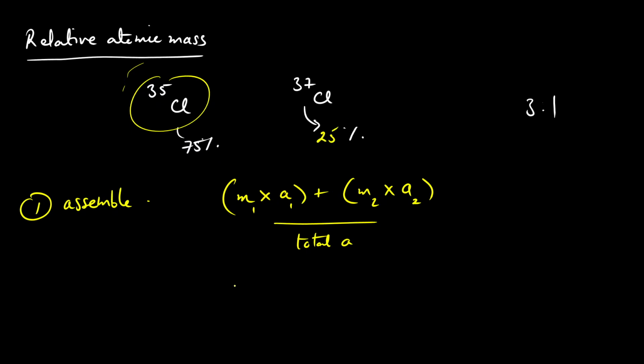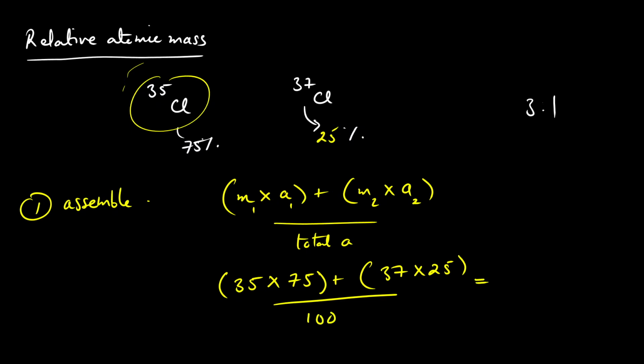So I'm now going to substitute these values. The mass would simply be 35 times 75, getting rid of the percentage, plus 37 times 25, over the total, and of course the total is 100. Can someone calculate this, please?